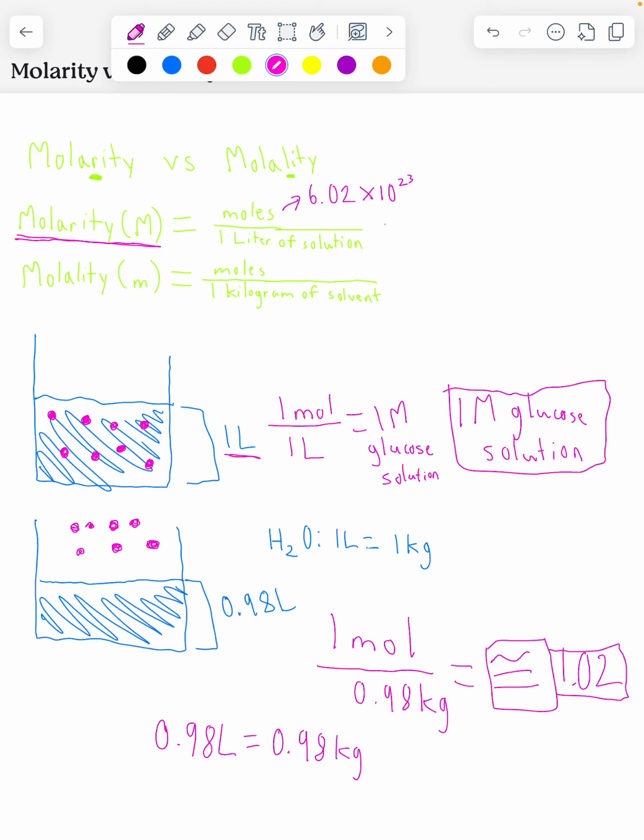So, main difference here, molarity, moles per liter, molality, or little m, moles per kilogram. Okay, make sure you listen for that L versus that R.